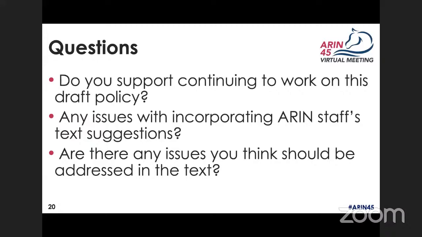I'd also like to underline though that if we go back to the actual policy space, the policy language does not merely facilitate them getting more space in a contiguous block. That's already possible, should they need it. That's already possible under ARIN's sparse allocation back office processes to get more adjoining space.